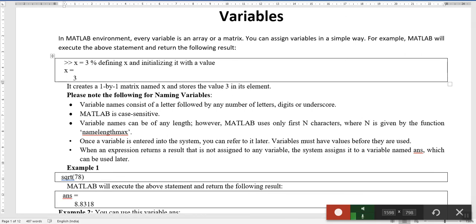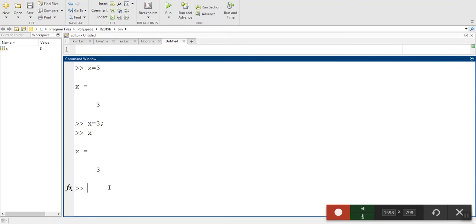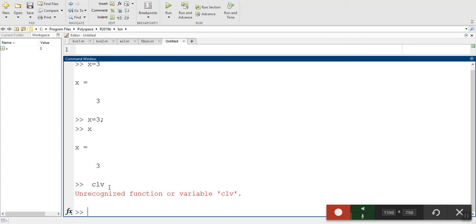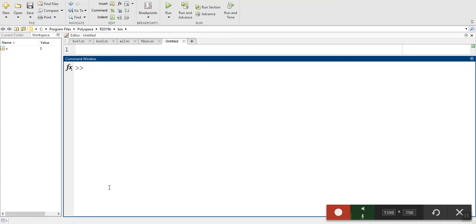Then what is the meaning? I will clear the screen, clc. If you write x or any character, uppercase or lowercase alphabet, then it can be followed by letters or followed by numbers. For example, I will give f equals 67.